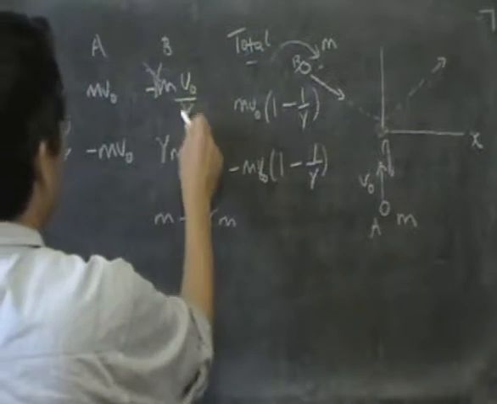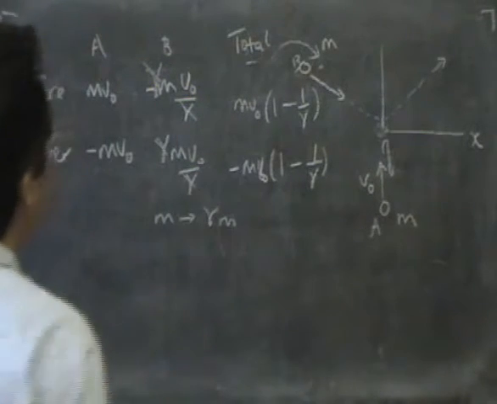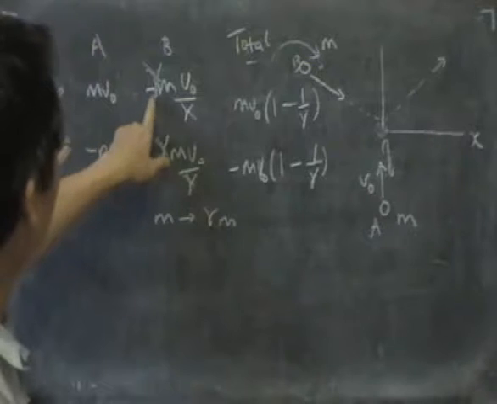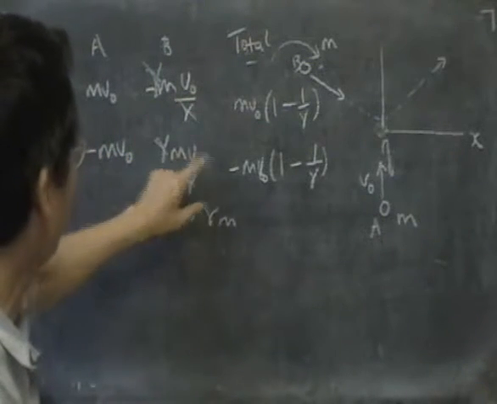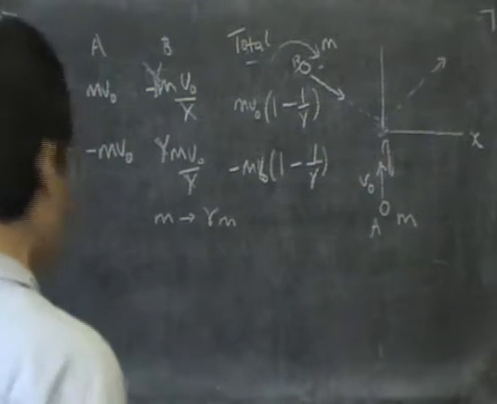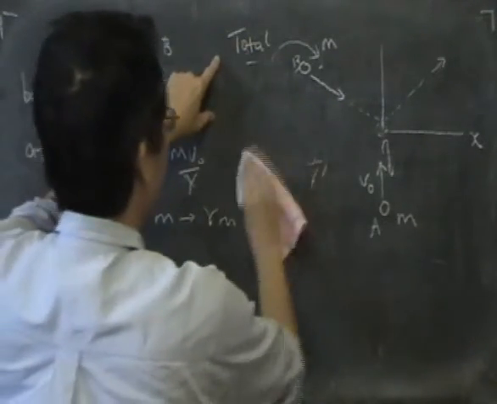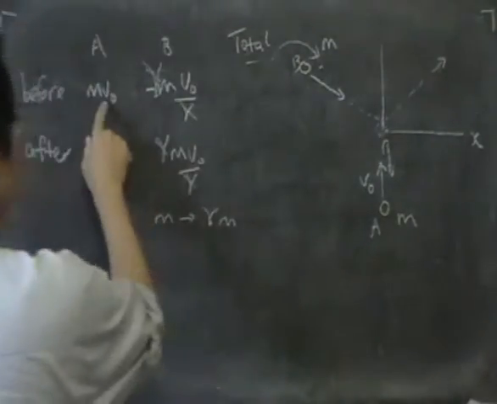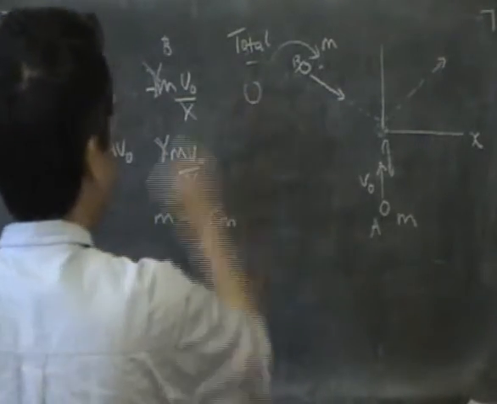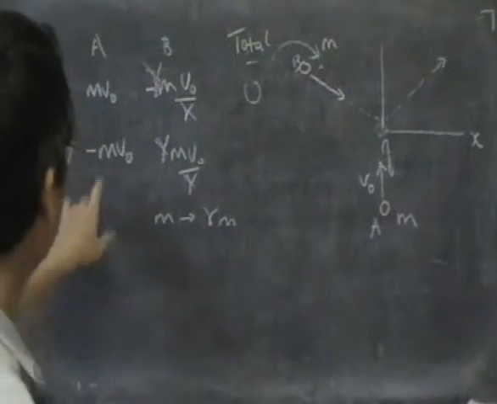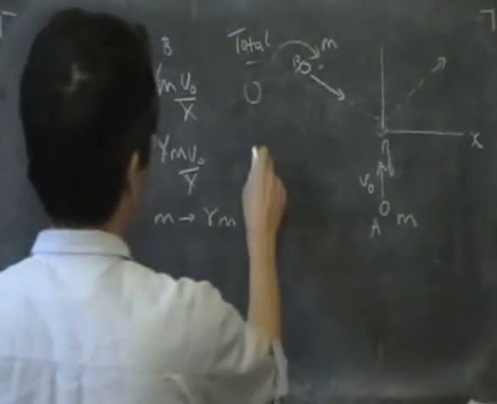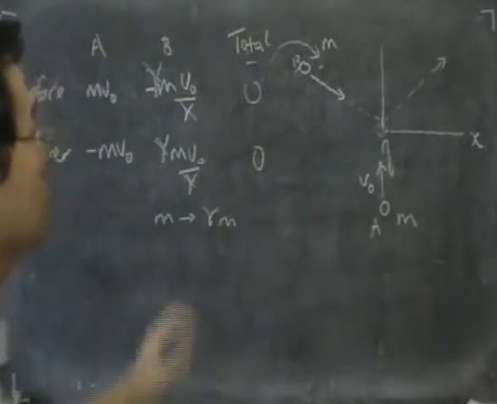Then this gamma and this gamma will cancel. And then you have just minus mv0 there and mv0 there. So this time, when we find the total momentum, you have mv0 minus mv0 is 0. And minus mv0 plus mv0 is 0. And 0 is equal to 0.